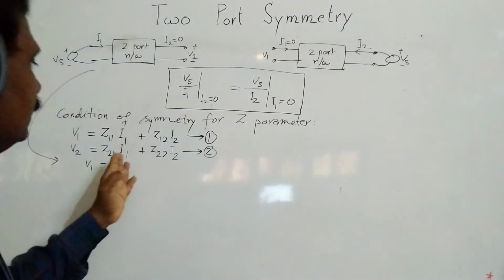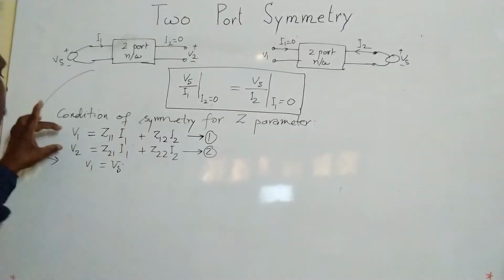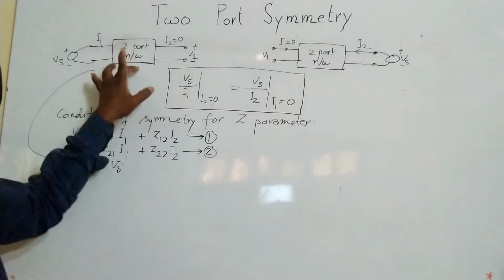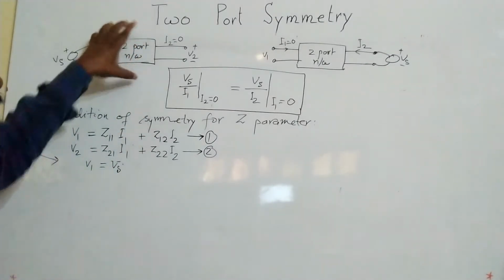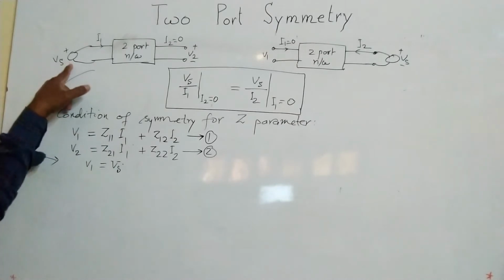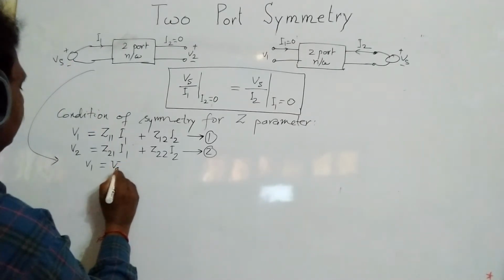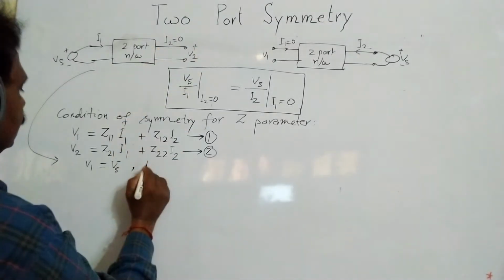So now we already know that these are the two standard equations of Z parameter. Then for this network, for this condition, V1 is Vs and I2 is 0.